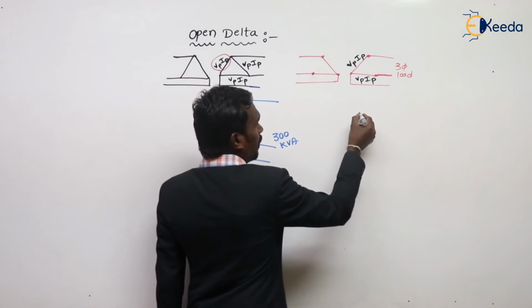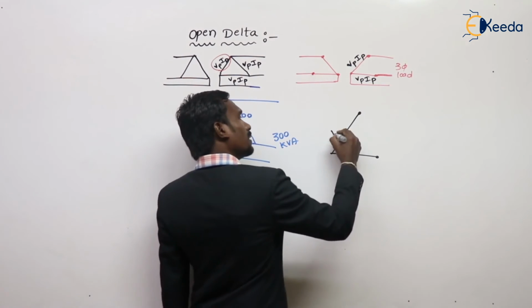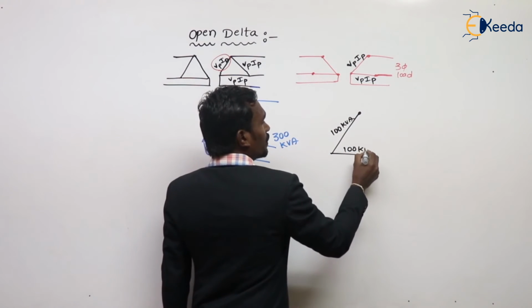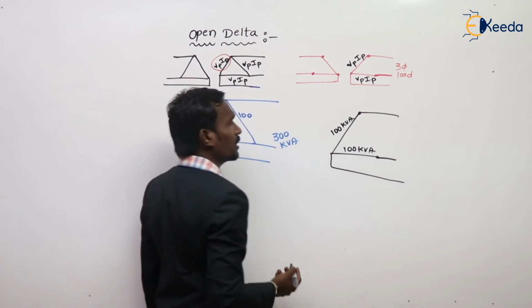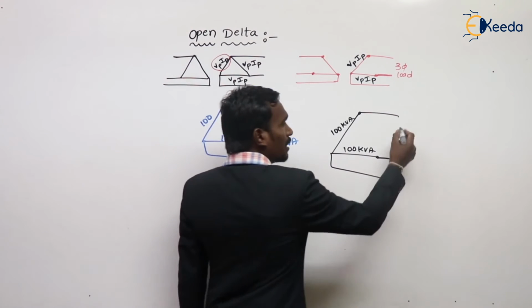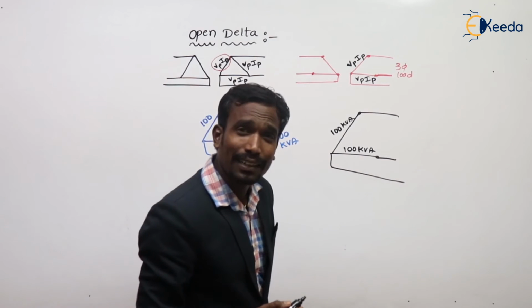For example, say here we have only two transformers, 100 kVA and 100 kVA, which are operating under open delta configuration, because one of the transformers is open circuited. Then how much load can we apply on open delta?